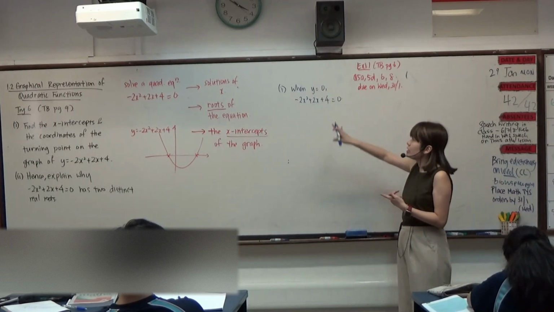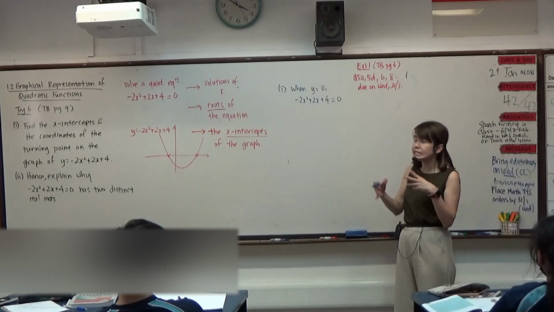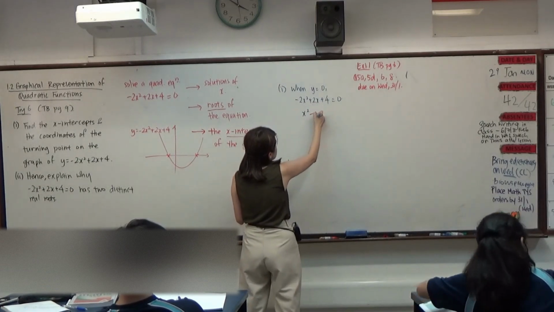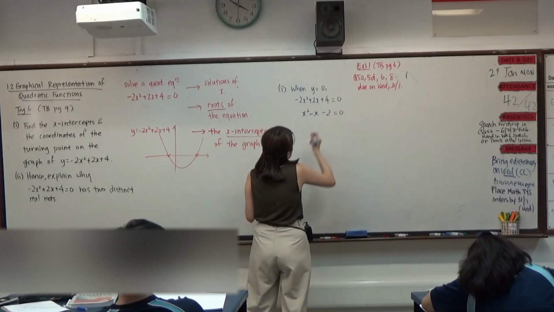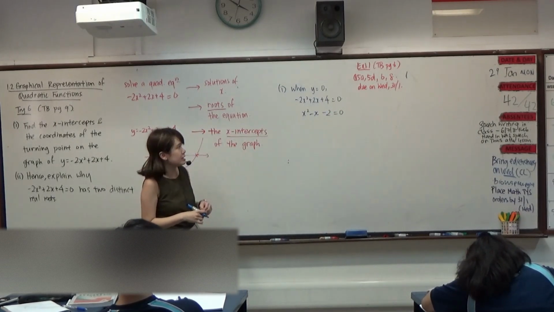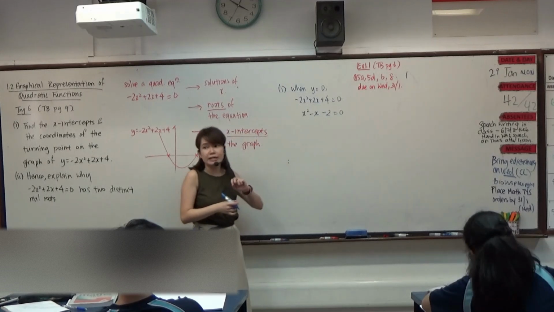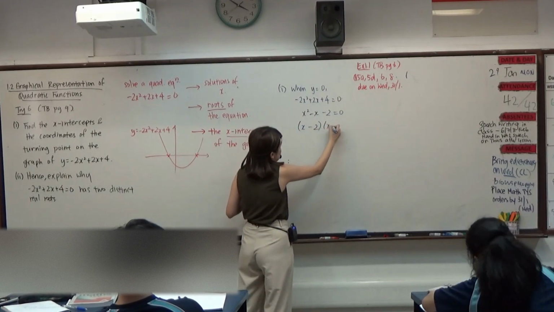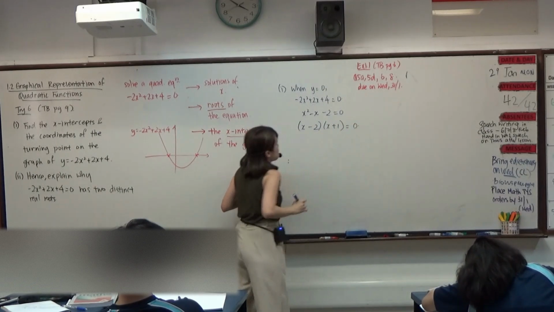You might not be able to see that it can be easily factorized in this form, but if you divide across by -2, you might be able to see it easily because 2 has factors 1 and 2, such that we can have -2 and x plus 1.